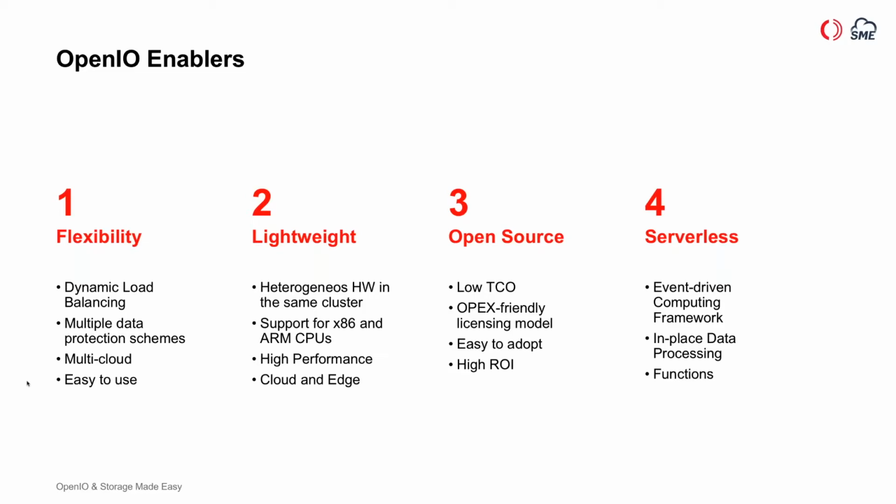So in the same cluster, we can have different types of hardware, both in the same platform. You can have high capacity nodes and older nodes in the same cluster, for example. And we support x86 and ARM CPUs, as well as cloud and edge infrastructure deployment.